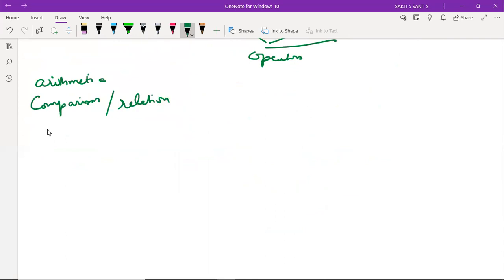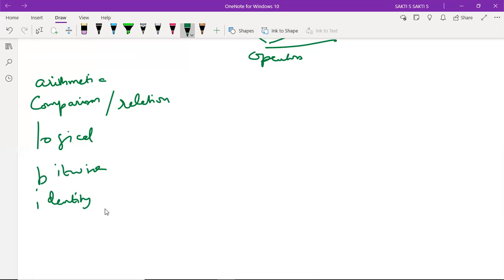Then arithmetic: plus, minus, multiplication, division, modulo symbol, double slash and all. Then logical: ampersand, or symbol, not symbol, like that. Then bitwise is also there. Then you have something called identity. So likewise, you have various operators available.